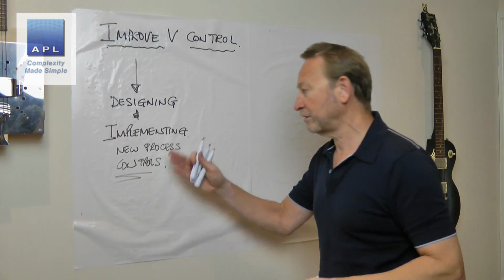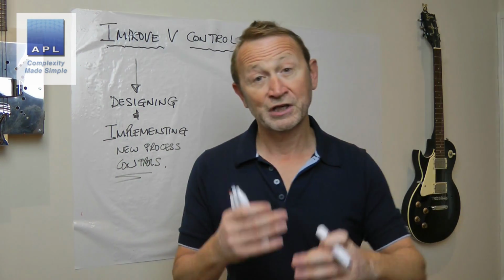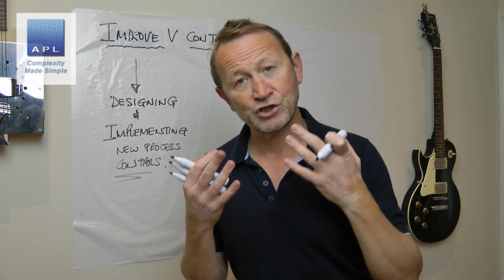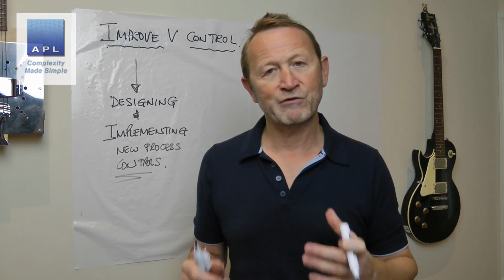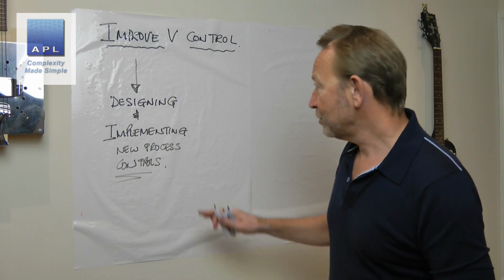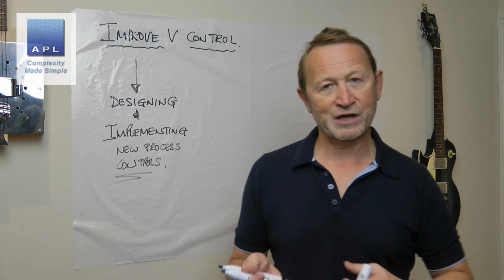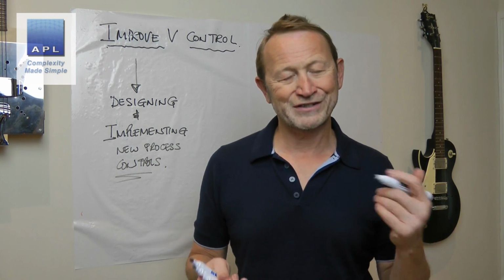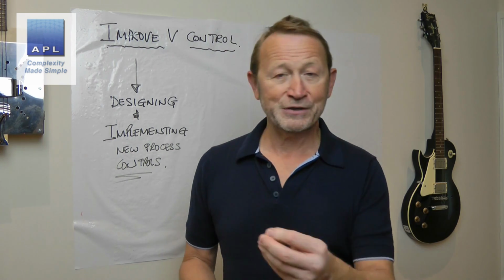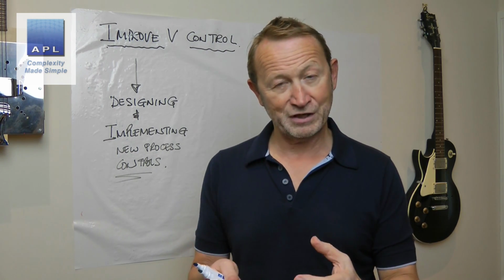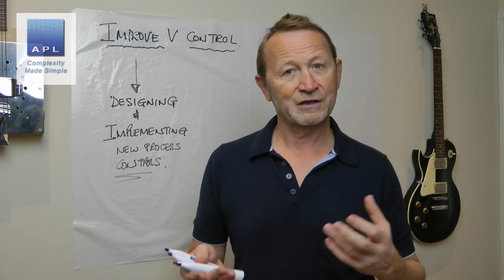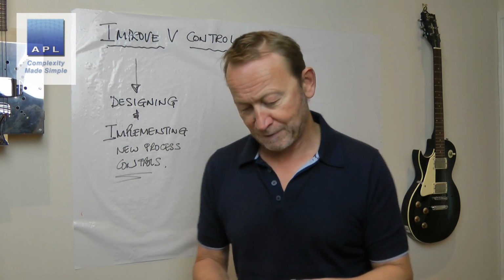Okay, so designing and implementing new process controls. Normally what you're trying to do in a Six Sigma project is control input variability. That is what true control is about. So normally you've analysed the process, you've decided that your control isn't very good, and now what you start doing is either implementing something that was missing from the process or improving something that wasn't very good in the process.